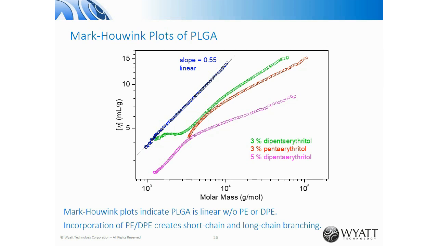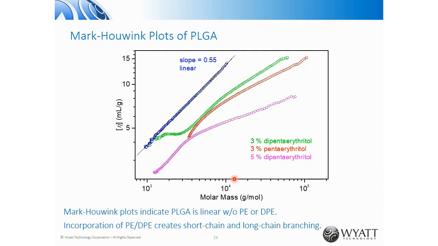They provide data for Mark-Houwink plots, as already shown for various polysaccharides. So here we can see the Mark-Houwink plot of linear PLGA in blue. The plot is linear, with a slope of 0.55. It corresponds to oligomers because linear oligomers have a slope of 0.5, and we are in the range of oligomers.